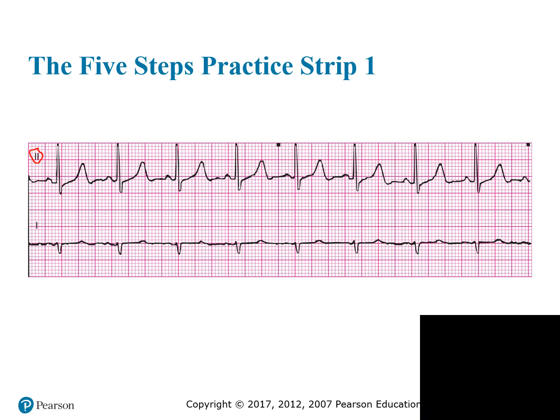All right, so the first question we have to ask ourselves is, are there any QRS complexes? Well, yes: QRS, QRS, QRS, QRS, QRS. So yes, we have QRSs. So what is the rhythm's regularity? Well, we have to go find our R to R intervals first, right?